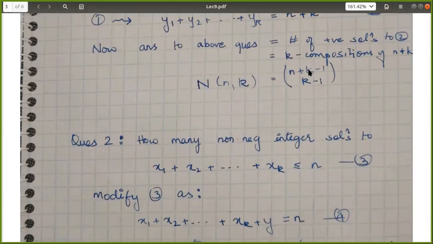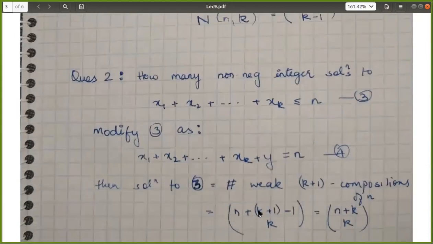So here I will have a k plus 1 instead of k, and here instead of k minus 1, I will have a k. So I'm going to get n plus k plus 1 minus 1, choose k. So this is n plus k, choose k. That is the number of k plus 1 weak compositions of n, right? So in one shot, you have found the answer.